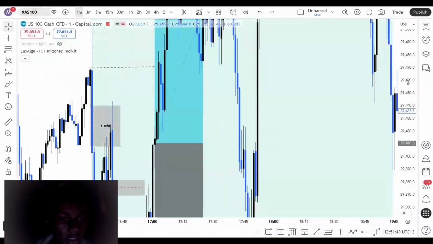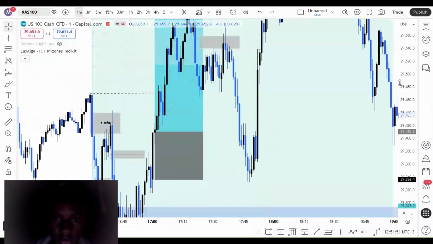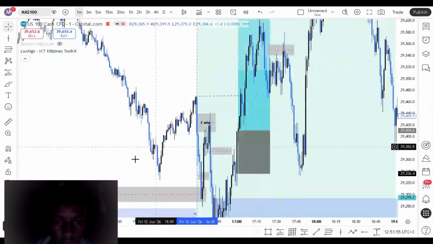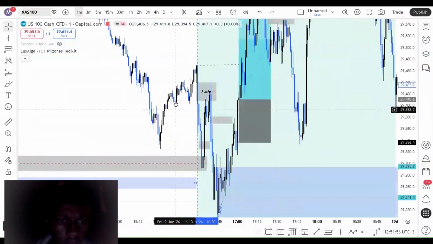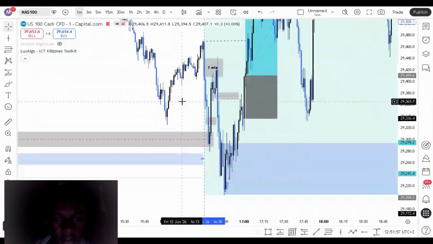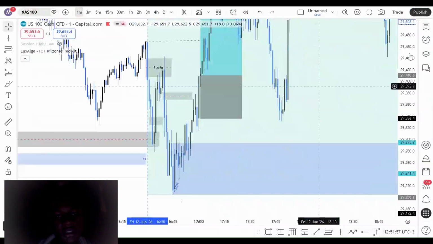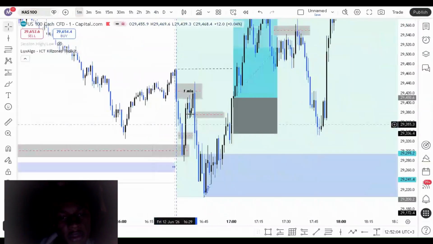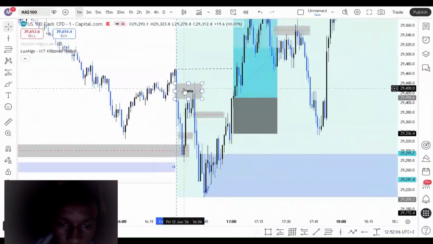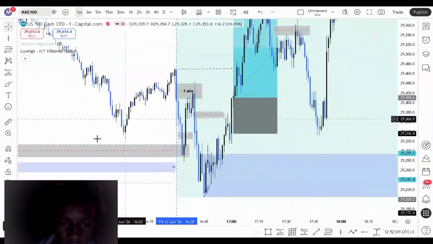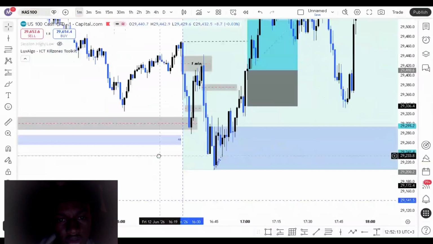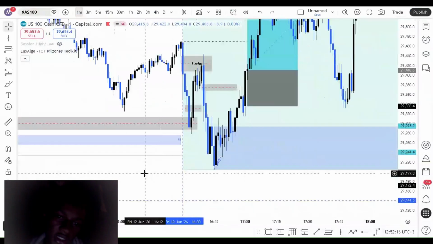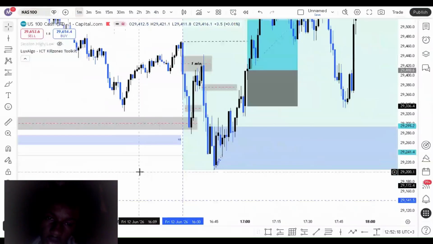So in the Nasdaq, it tested that 1 minute FVG, then flashed down. I was actually not comfortable with it. That's why I didn't have my entry over here.